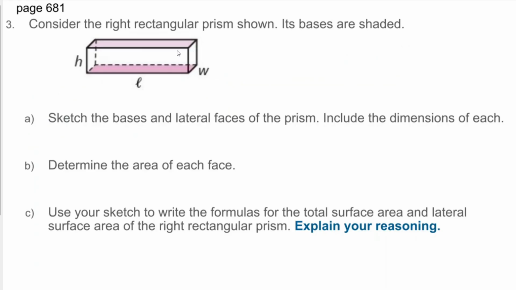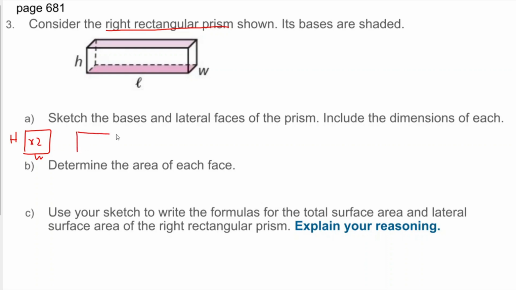Moving on to a rectangular right prism, sketch the bases, okay? So I'm going to have 2 of these little ends. That's going to be height times width. I'll put times 2 in there.